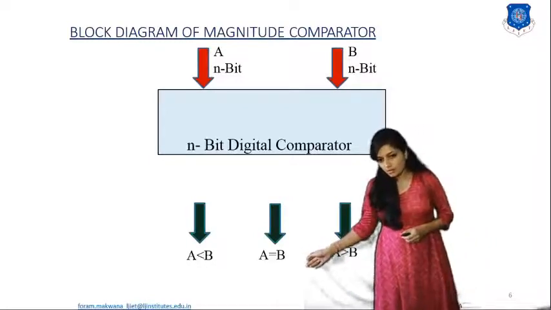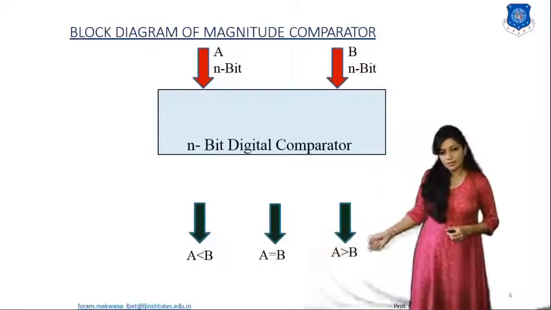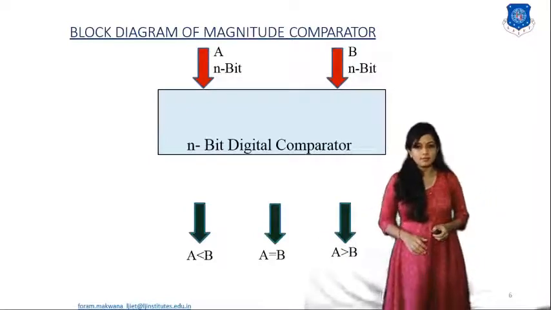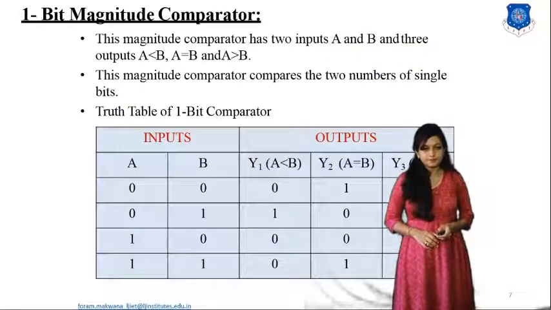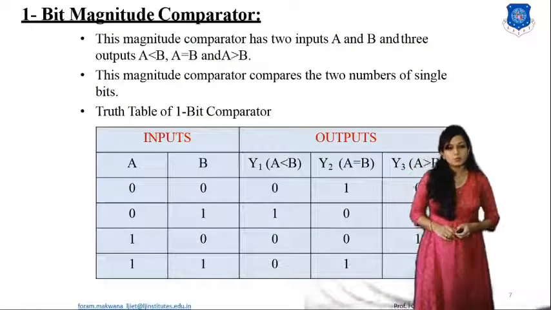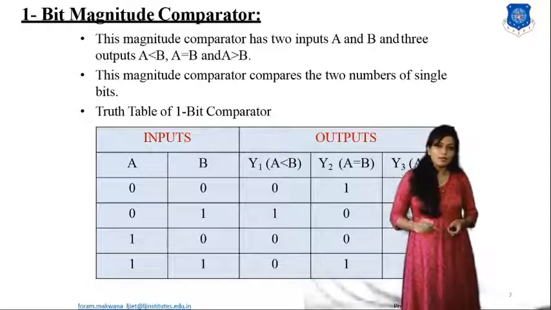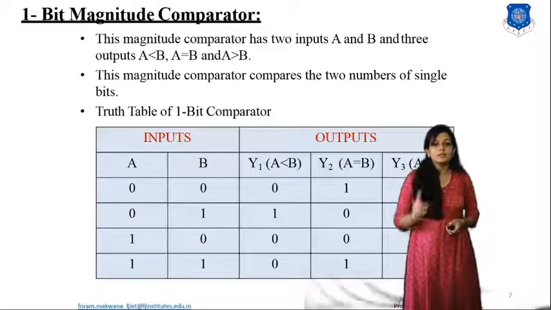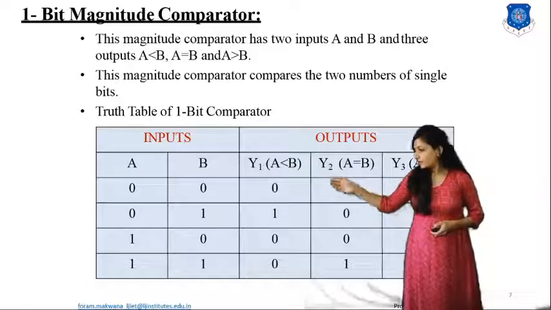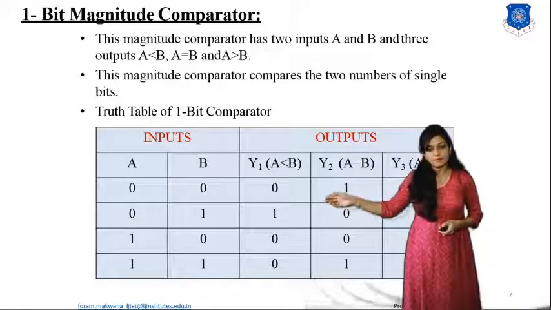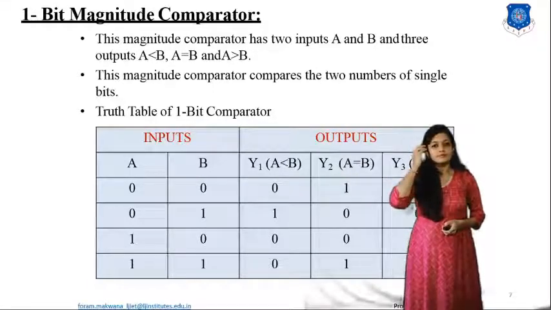There are three outputs as we have discussed: A equals to B, A greater than B, and A less than B. The one-bit magnitude comparator will compare only a single bit of inputs. How?